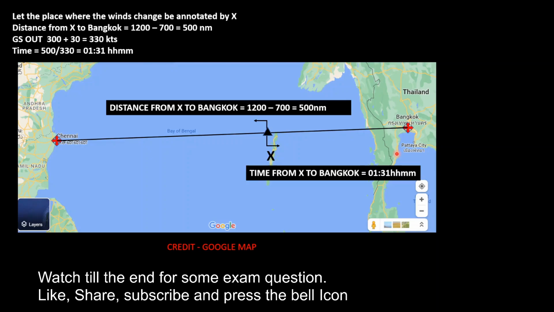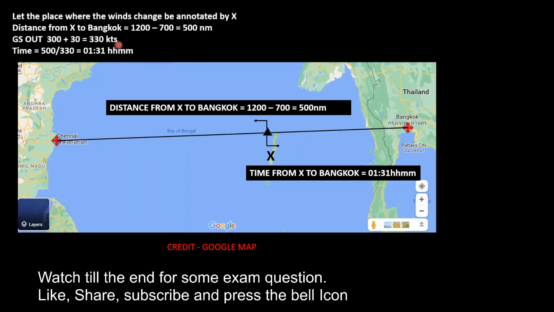So we will annotate the place where the winds are changing as X, and the distance from X-ray to Bangkok is going to be the total distance, 1200, minus the distance from Chennai to this point, 700 nautical miles, which now becomes 500 nautical miles.